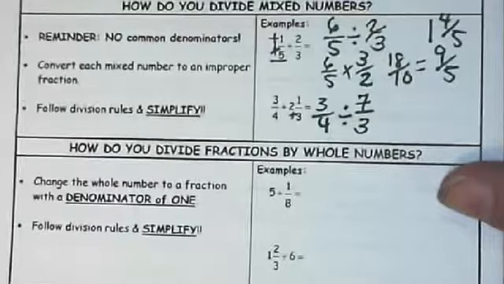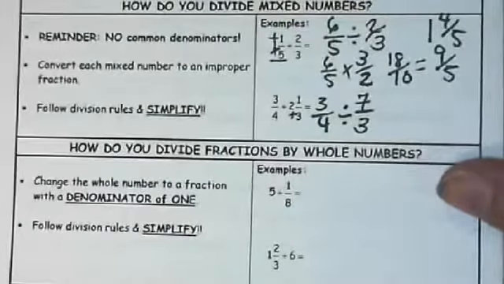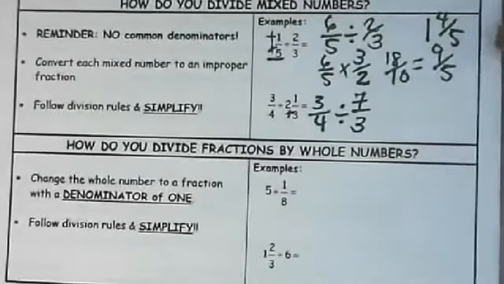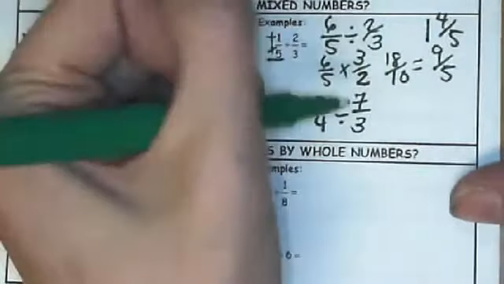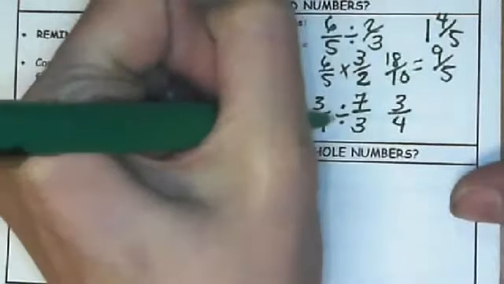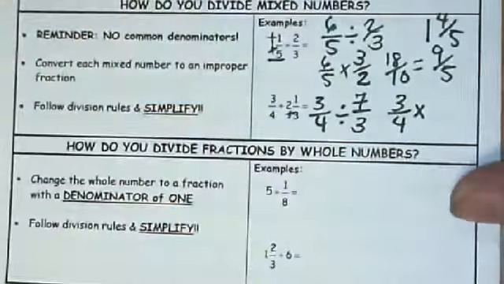Then you're going to keep the first fraction, change the division sign to multiplication, and then flip the second fraction. So again, I'm going to do 3/4 multiply by the reciprocal of the second fraction, which is 7 over 3 equals 3 over 7.